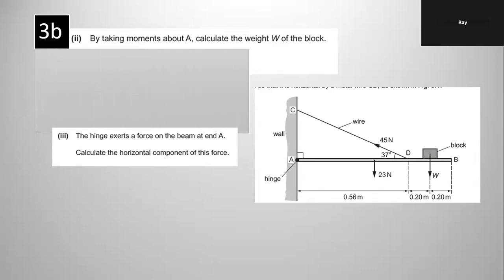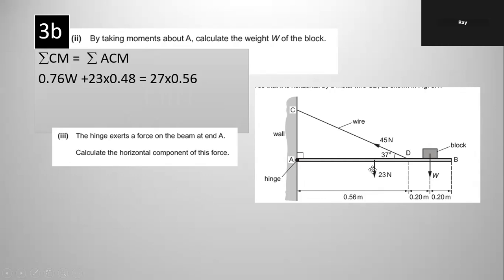20 newtons. Taking moments, sum of clockwise moment equals sum of anti-clockwise moment. Clockwise is the weight there at a distance of 0.56 plus 0.2, 0.76. So another clockwise is 0.23.